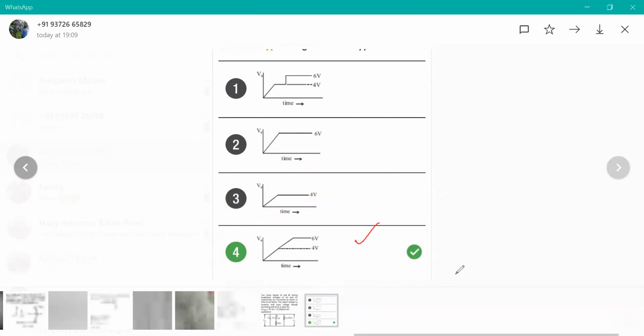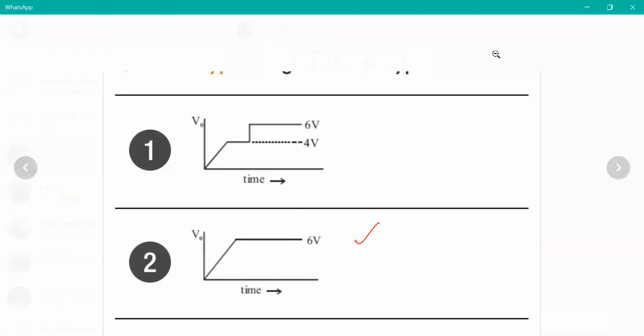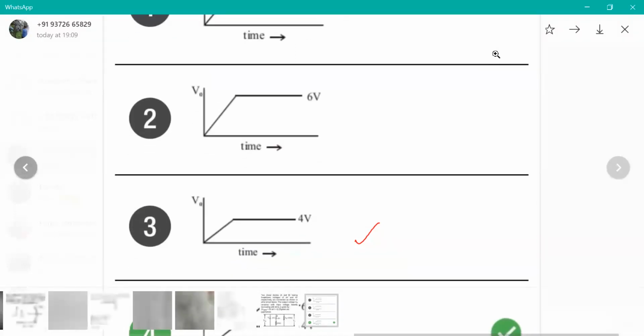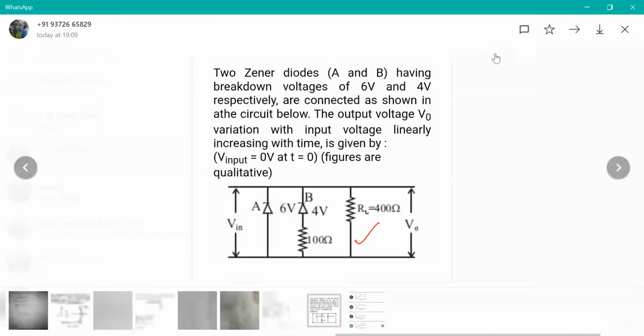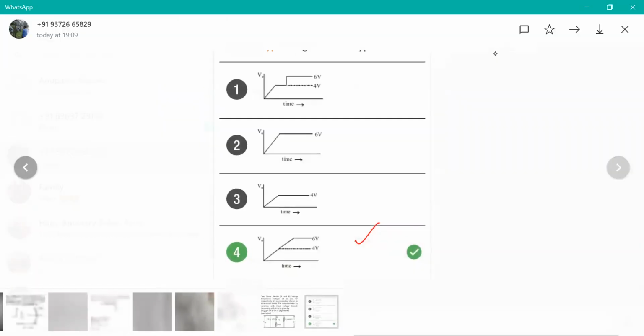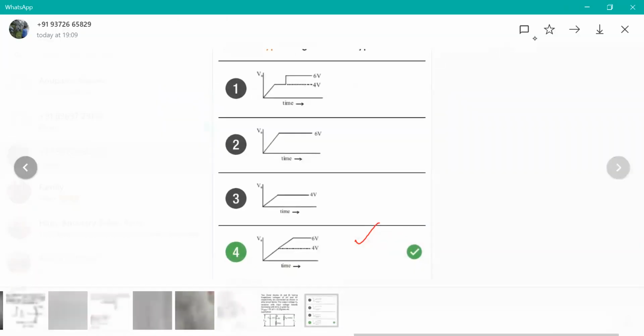So as you can see, yeah, there was some confusion in the question because 2 and 4 are identical.